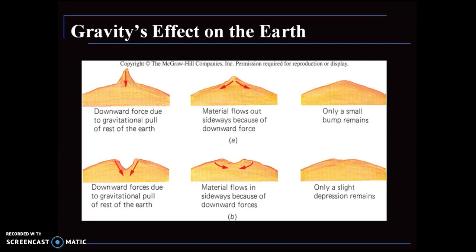The downward forces due to the gravitational pull of the rest of the Earth keep working at the edges of the dent, pushing it up, and eventually only a slight depression remains or it is completely sealed up.